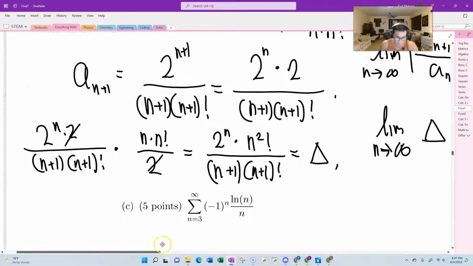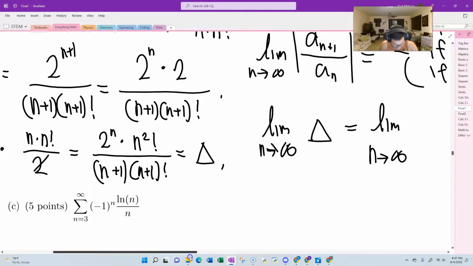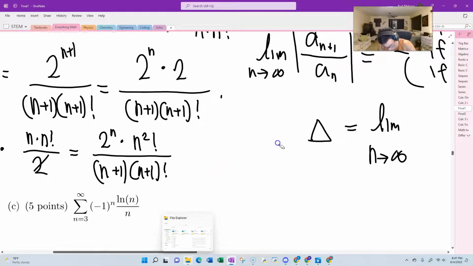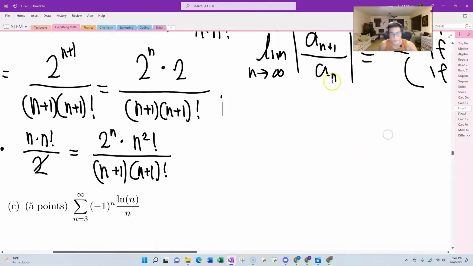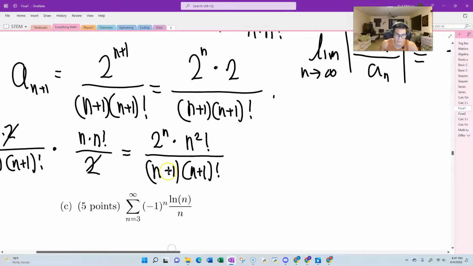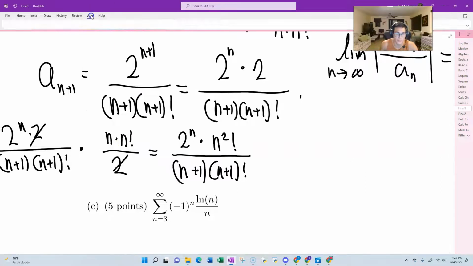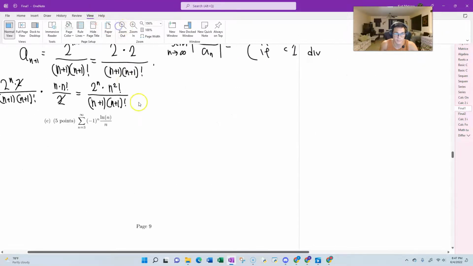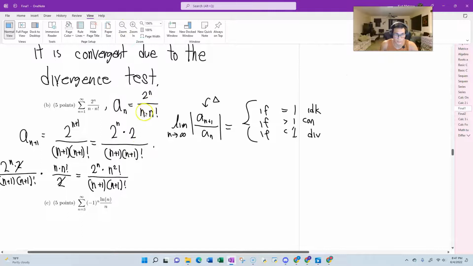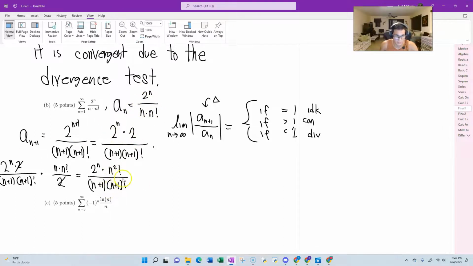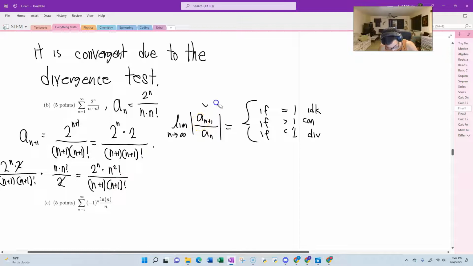So I said, guys, we have this limit, and this tells us that this thing right here is equal to, I'm going to zoom out now. Here's the work. This thing over here divided by this thing over here is equal to this thing. And essentially, if we take the limit of this thing, what happens?